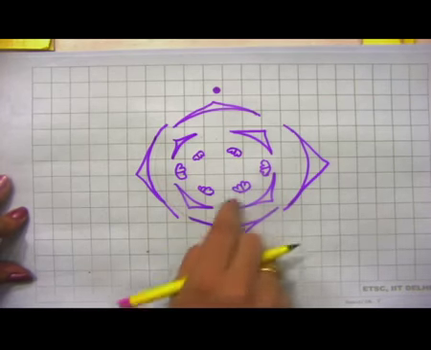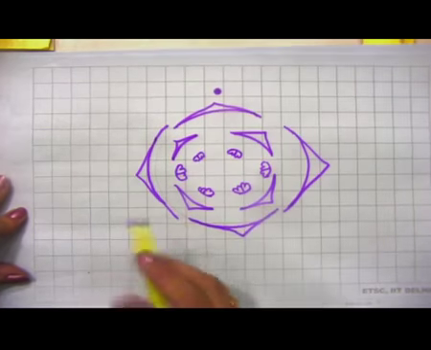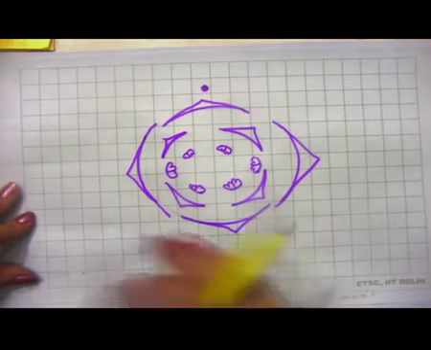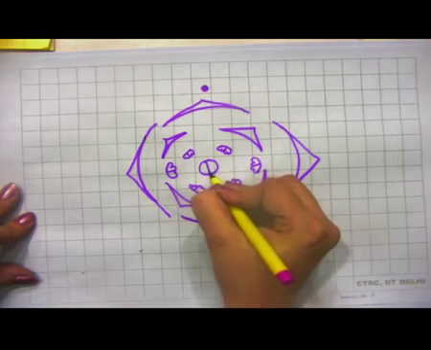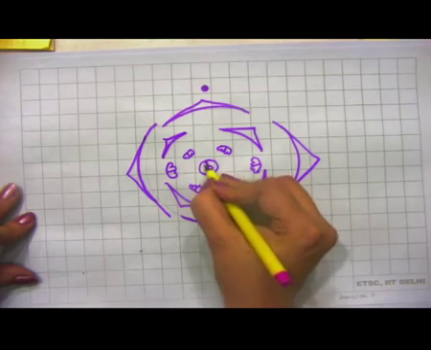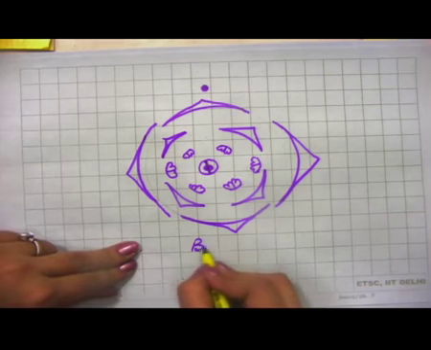So we have drawn 6 stamens, and lastly we have to draw a superior ovary with 2 locules. So this is the ovary and these are the 2 bilocular condition, and this completes our floral diagram for the brassica.